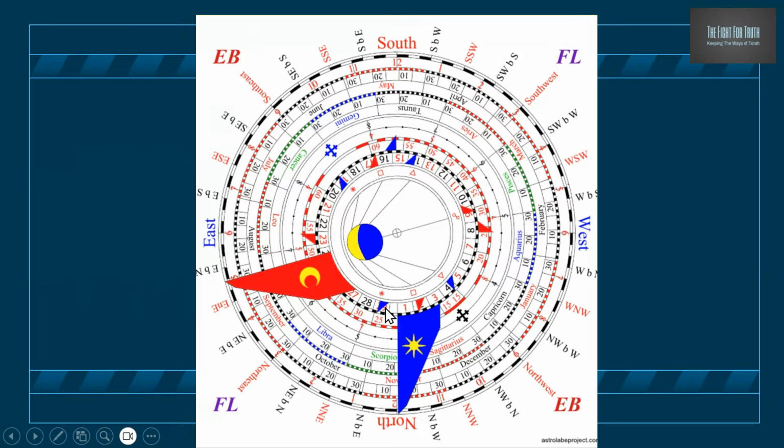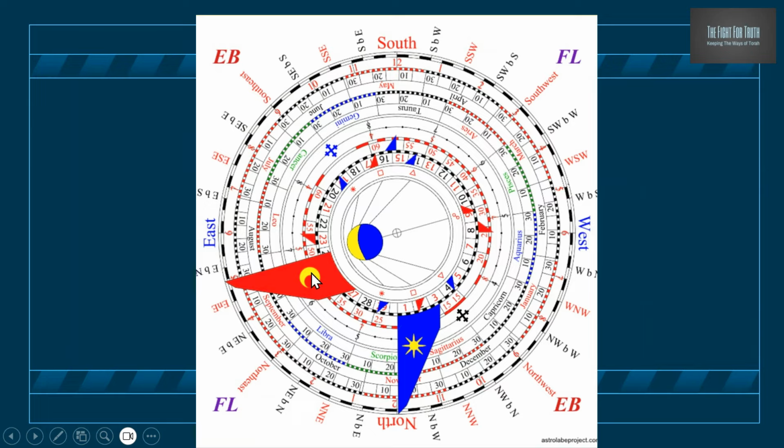Remember, the app that I just showed you told us that it was 23.5 or 24 days since the last new moon. So here you see my marker. Here's 23.5. That means we're in the 24th day of the moon's monthly cycle.